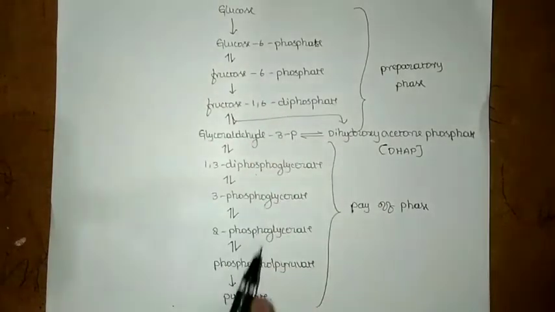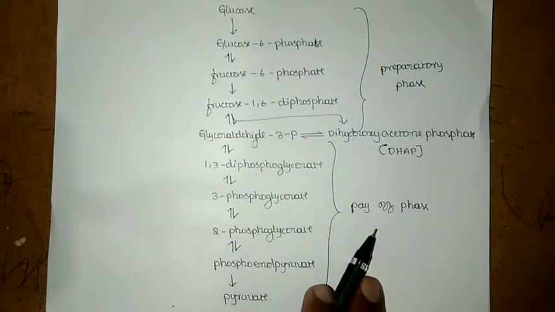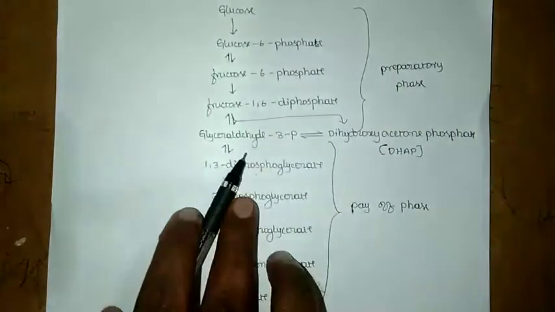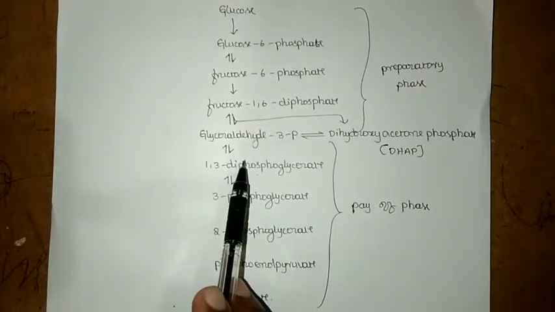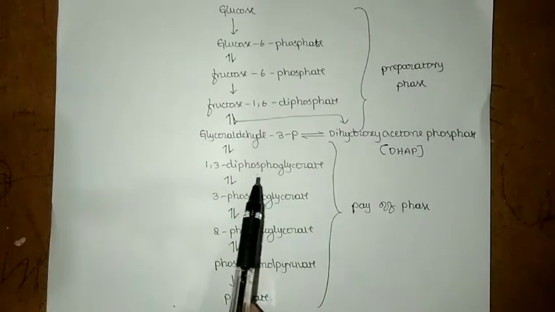The reason for calling the first 5 reactions the preparatory phase and the next 5 reactions the payoff phase is that in the first stage, in converting glucose into glyceraldehyde 3-phosphate, there occurs consumption of ATP molecules, and in the next 5 reactions, in the next stage, there occurs release of ATP molecules.